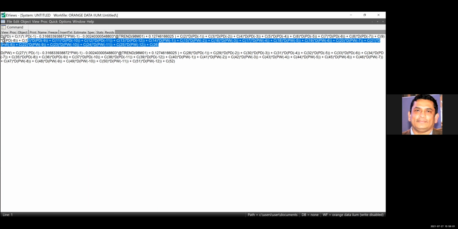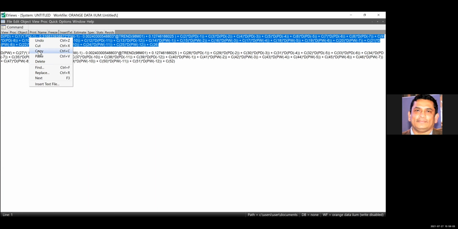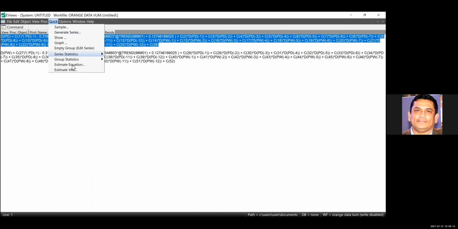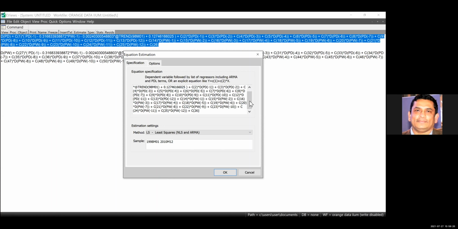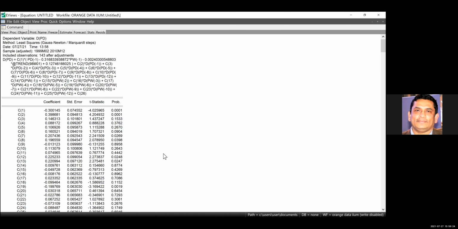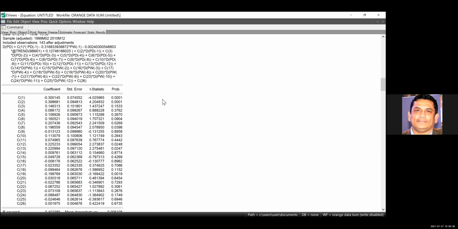So this is that equation, you see. I copy and paste this one. So you see that one.